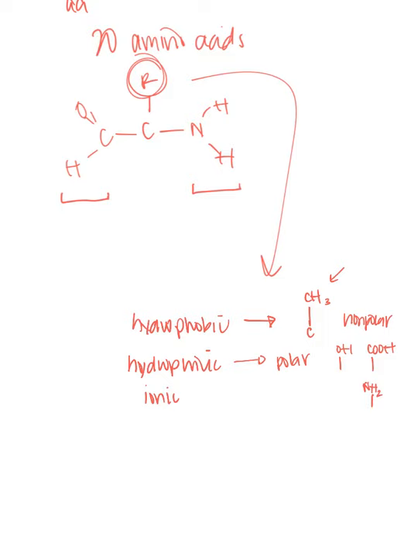This is also going to be hydrophilic because it has the ability to interact with a water molecule. And then finally, ionic. There can be hydrophilic amino acid side chains that are also ionic. If something is ionic, it is charged, either negatively or positively, which allows it to bond ionically with other amino acids.